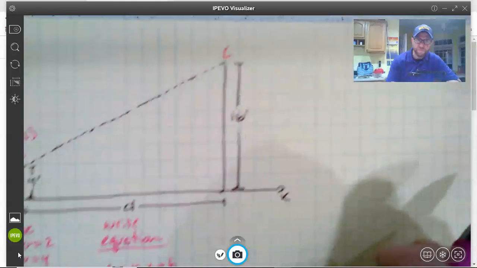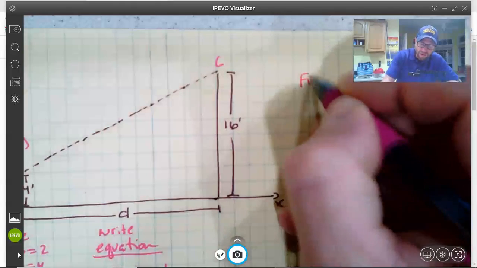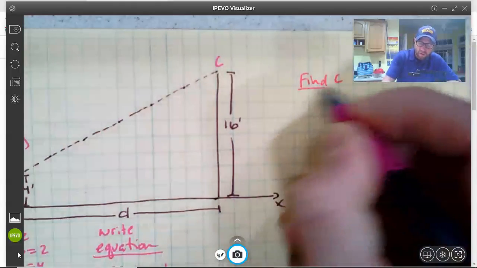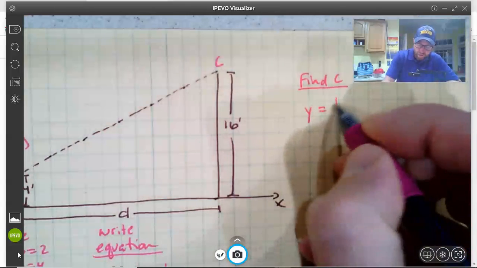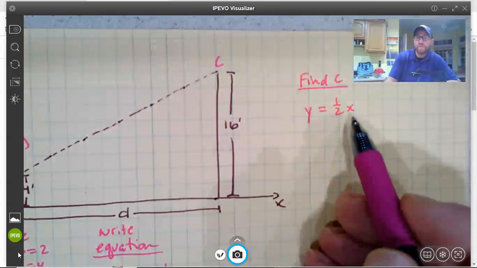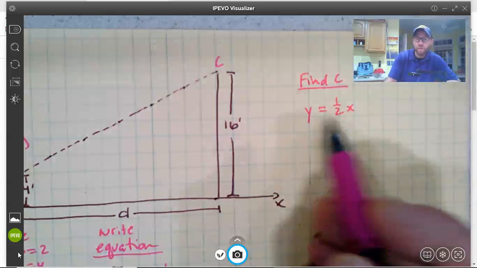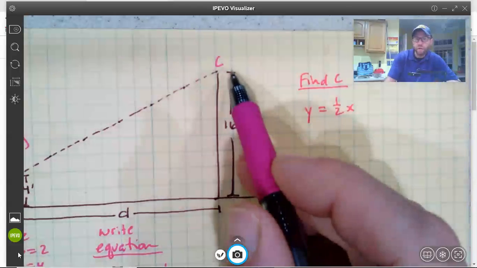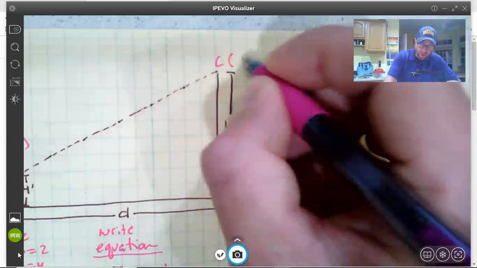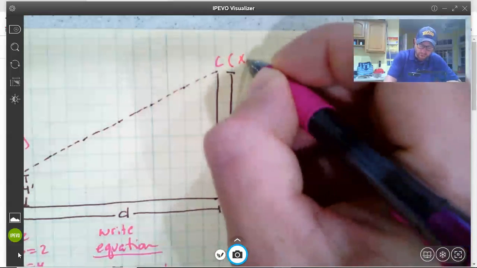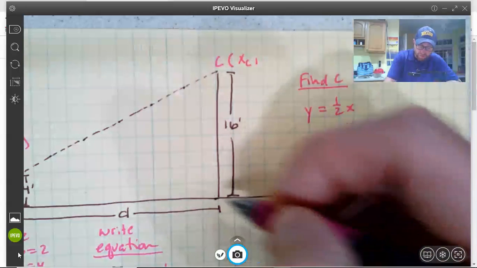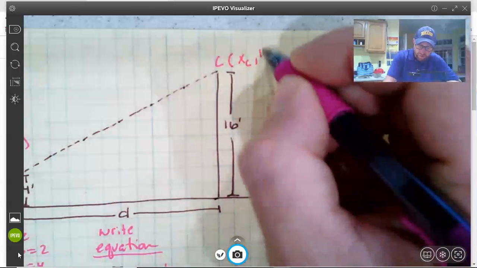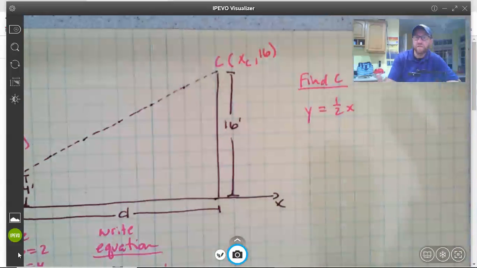Now, we're going to find C, and we're going to use our equation, y equals 1/2 x, and this time instead of plugging in an x, we're going to plug in a y, because we know the y-coordinate for C. We know that it is x sub c, comma 16, because the street light's 16 feet tall.